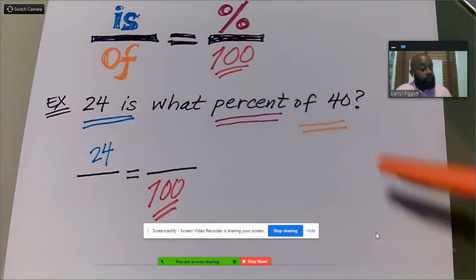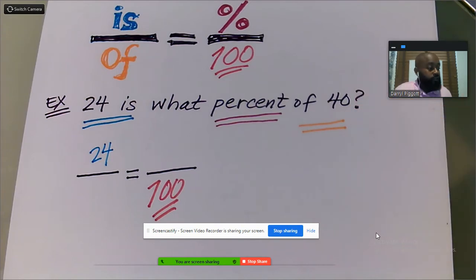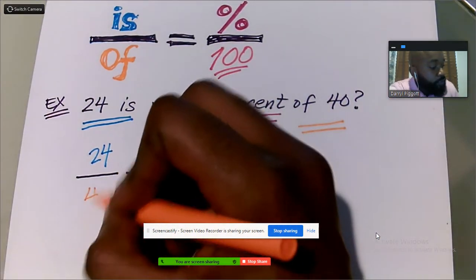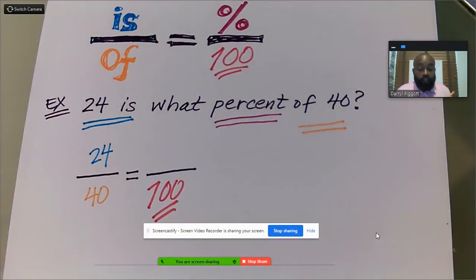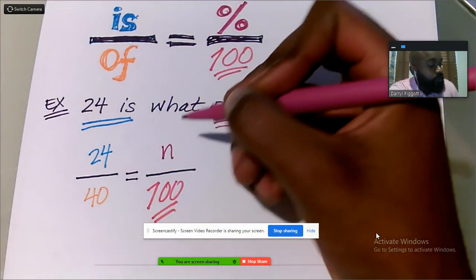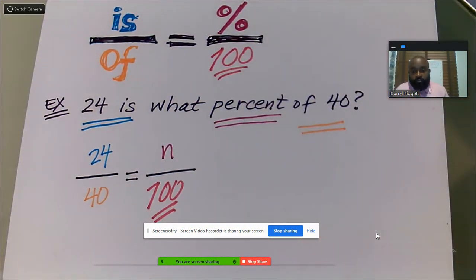We said of 40, and so 40 goes in the of spot. And then up above, we said what percent? That means the thing we don't know. Our unknown is the percent. So our unknown goes in this percent spot. I'm just going to call it n. It's the number we don't know.